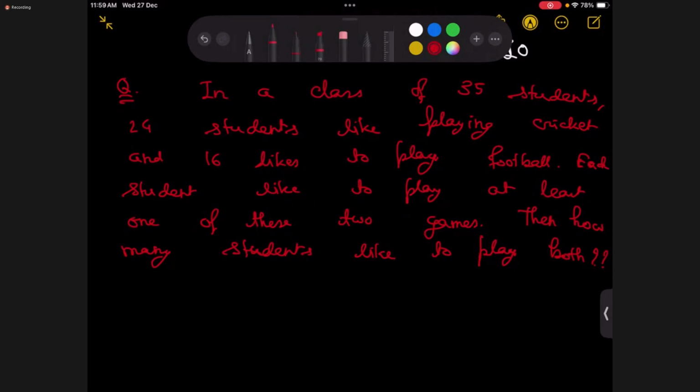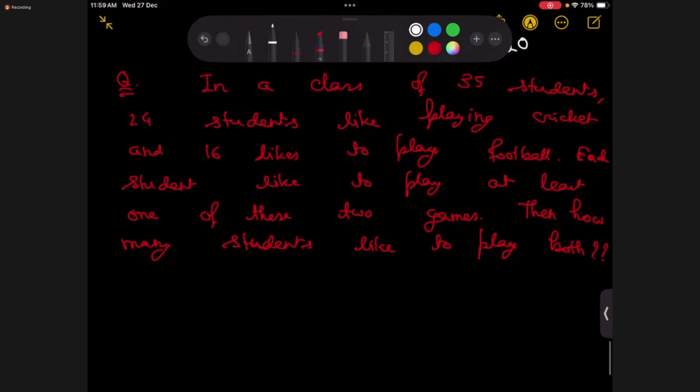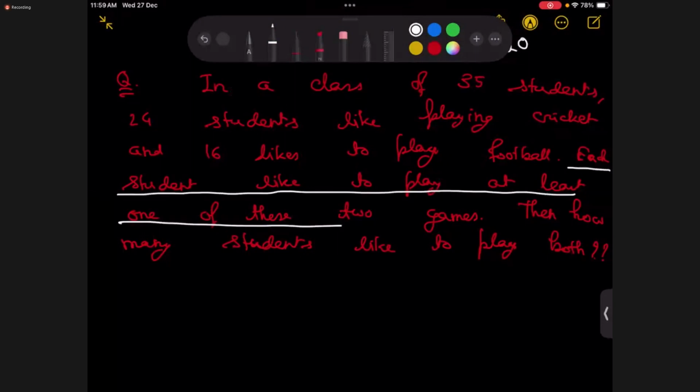But here we have another line: each student likes to play at least one of the two games. So this makes the universal set the union of two sets.